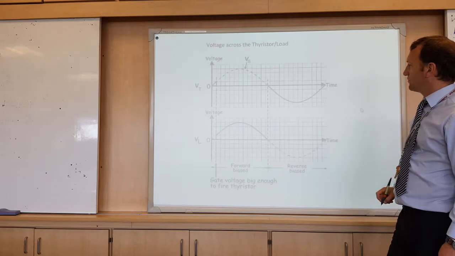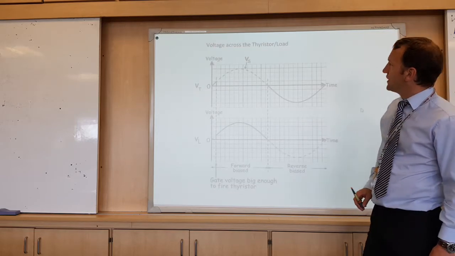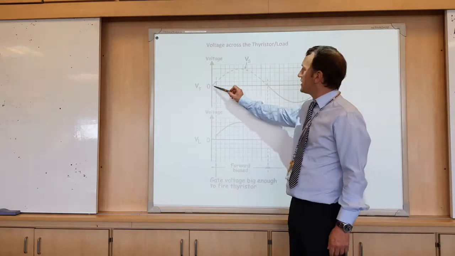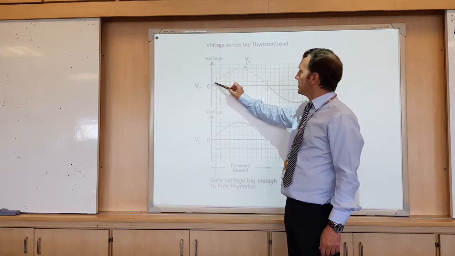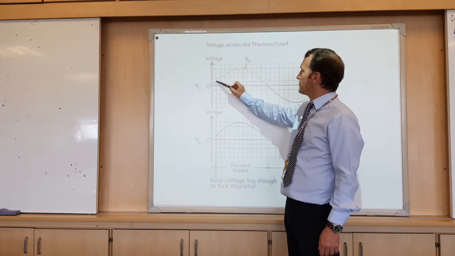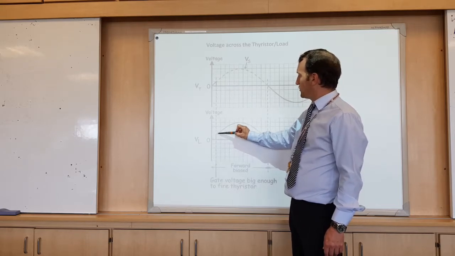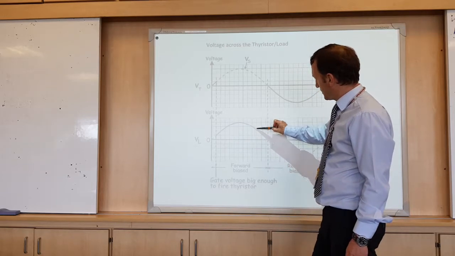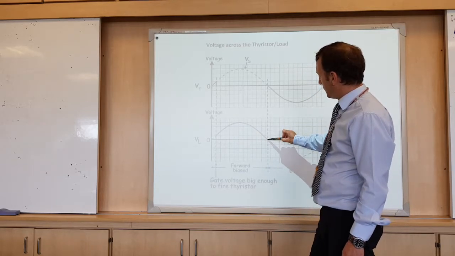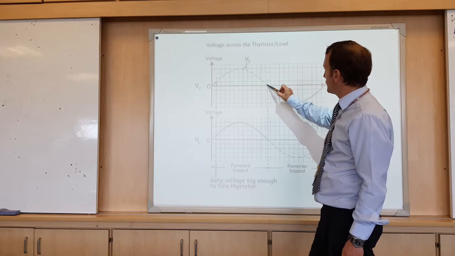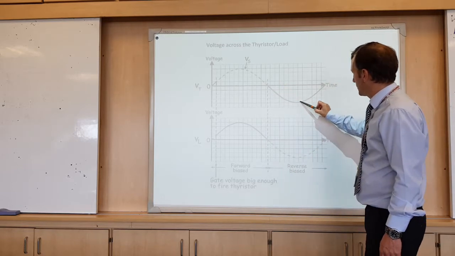Okay, so looking at this one here, the voltage across the thyristor rises up, we've got all the voltage across the thyristor, it reaches the threshold voltage here, and the thyristor switches on. So therefore all the voltage is across the load here, VL, and then when it goes negative, all the voltage is across the thyristor again.